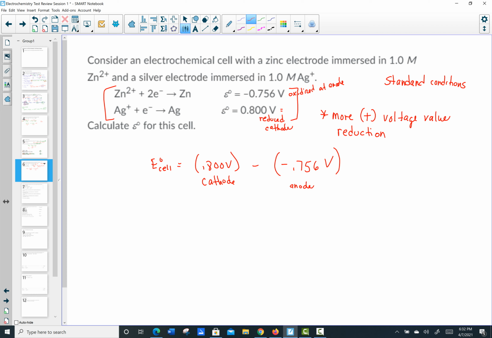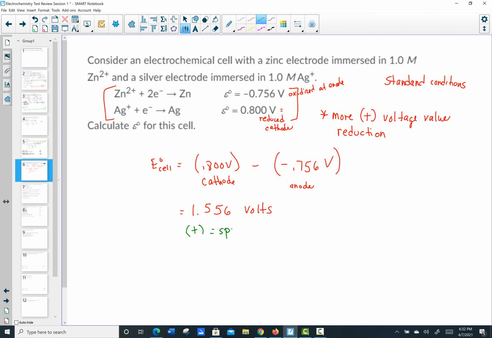You're subtracting a negative number, so you end up adding the two. 0.8 plus 0.756 is 1.556 volts. Now remember, that number makes sense because it's positive.